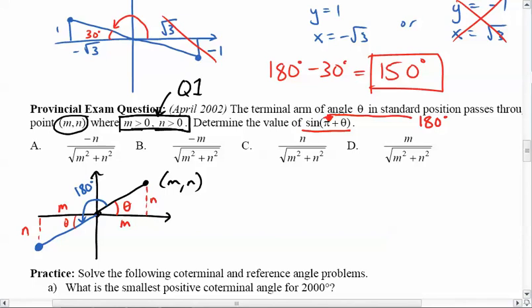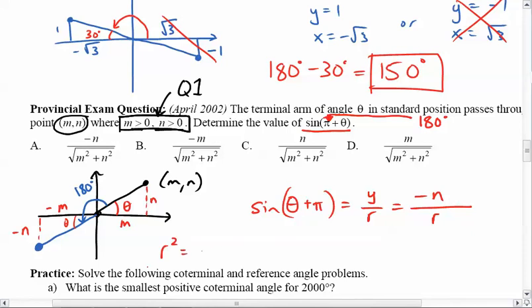Which one of those two is negative? Both of them, right, it's quadrant 3. I'm in the negative part of the x-axis and the negative part of the y-axis. So sine of that angle is y over r, which is negative n over, what's r?